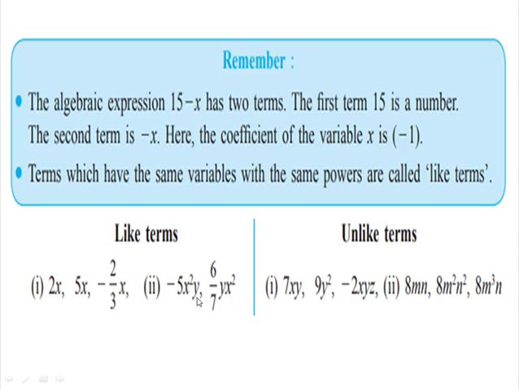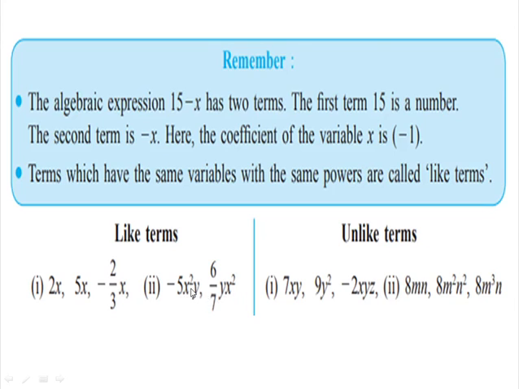Why are x square y and y x square like terms? Because we know that whenever you multiply 2 with 3 or 3 with 2, the answer is the same. Similarly, x square multiplied by y or y multiplied by x square, the product remains the same. Hence, x square y and y x square are like terms.